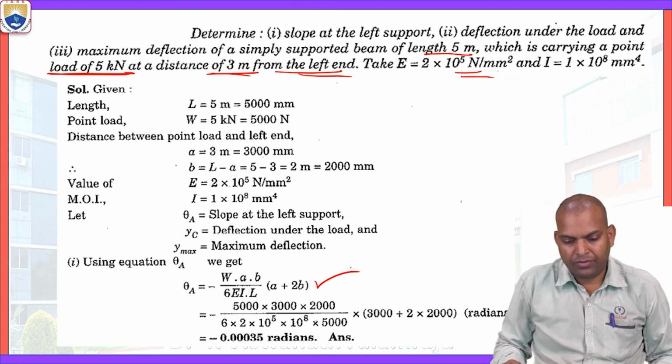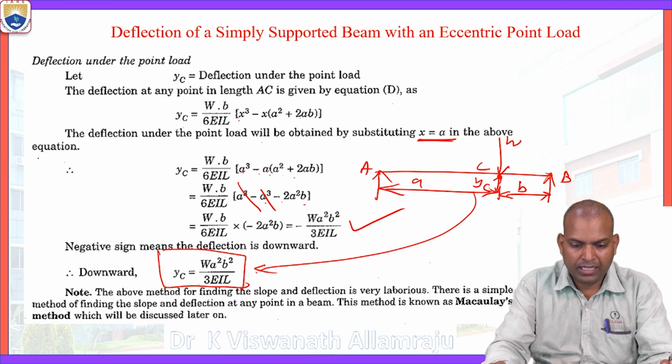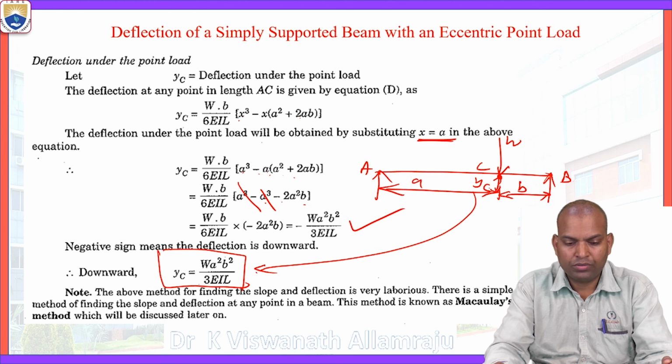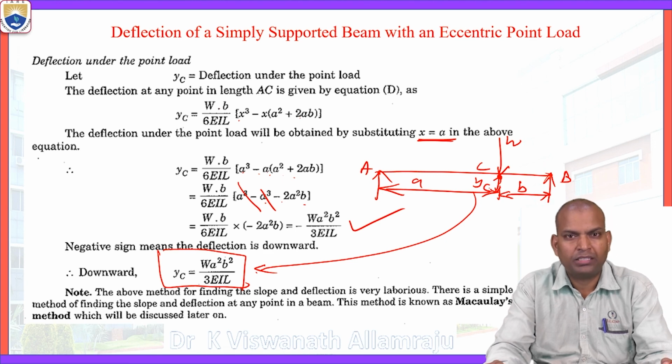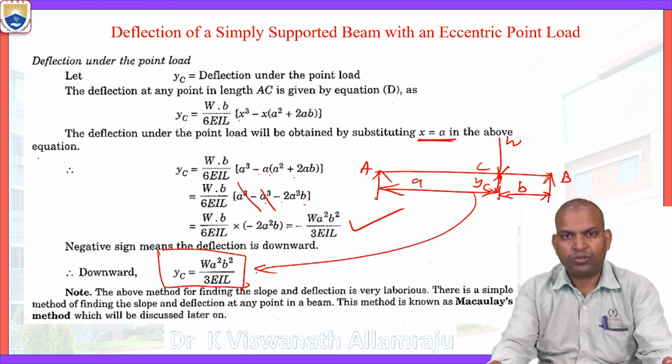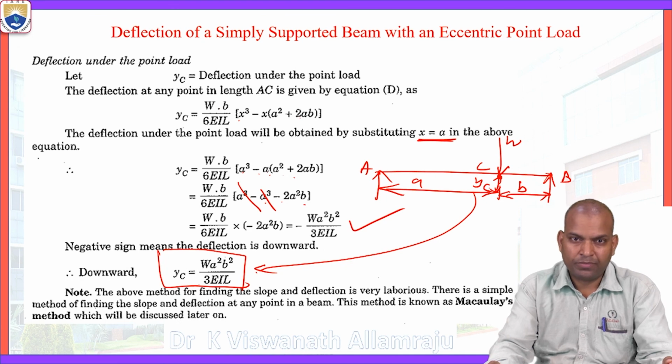So in this session, we used the double integration method and found the maximum deflection, the maximum slope, and also the deflection and slope at the concentrated load or eccentric load, which is acting at a distance of A from the left support and B from the right support.